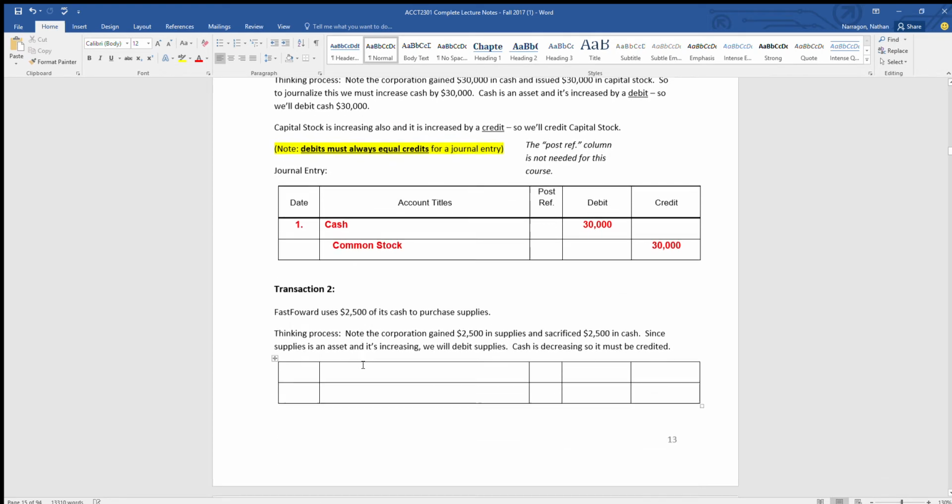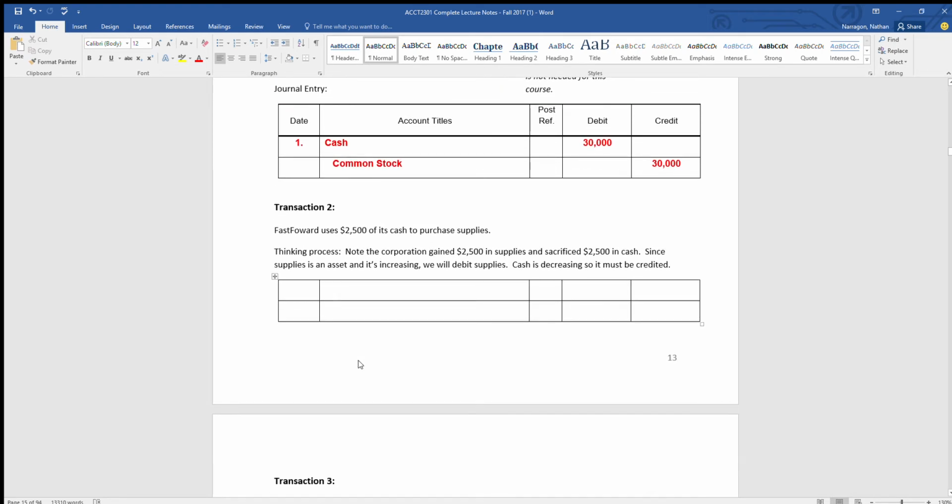There we go. Transaction number 2. Fast Forward uses $2,500 of its cash to purchase supplies. So the corporation is now taking ownership of supplies. That's an asset to us. But how did we get those supplies? Well, we used cash. We paid cash, so cash is going down.